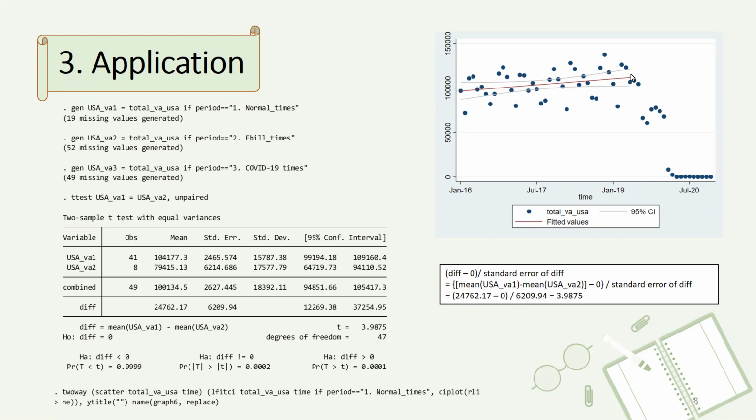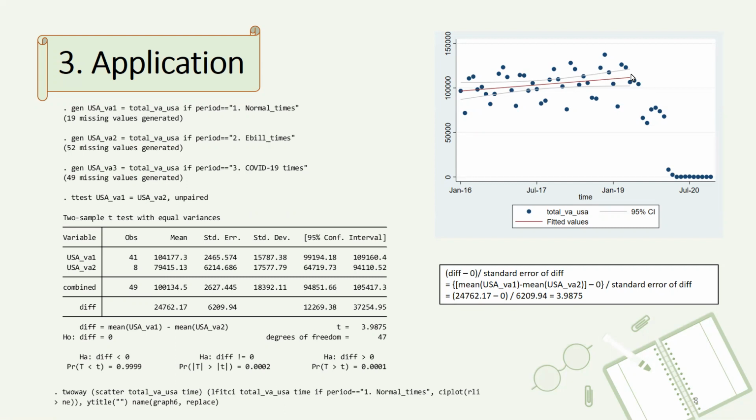So let's move to the table. The table shows some descriptive statistics of the 2 variables, USA VA1 and USA VA2. And on the last row of the table, we can see there is a variable called diff. So diff means the difference between the 2 variables. Below the table, we can see we are testing the null hypothesis that the difference between the 2 variables is 0 or not. So the t-test equation here should be the one on the right-hand side bottom.